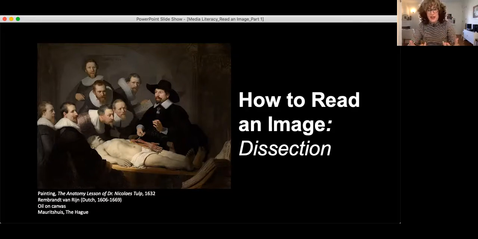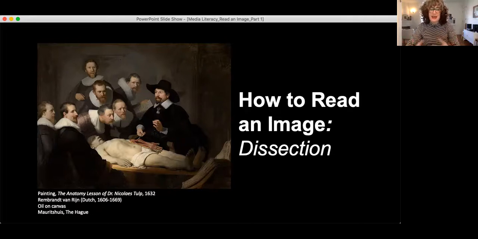Interestingly, artists also had a great appreciation for anatomy lessons and for dissection because it allowed them to understand how the body worked, which helped them to better represent it in paint and in print. And so the dissection here really plays an important role for both the medical school students and Rembrandt himself.